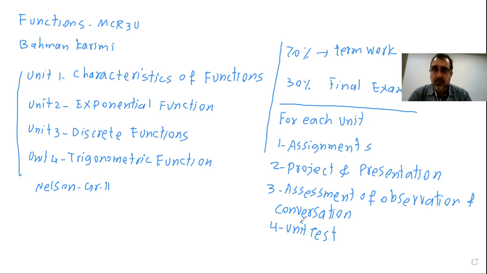Now, I'm going to talk about lesson 1. We're going to talk about functions, and then we're going to cover parent functions. What is a function? What is a relation? Definition of. Before we move further, I always like to learn about learning goals and success criteria.